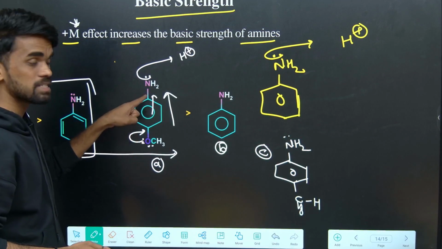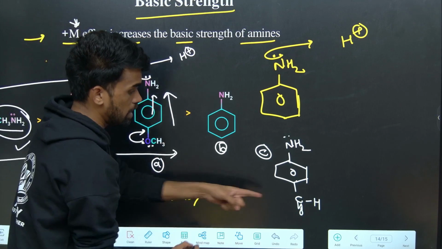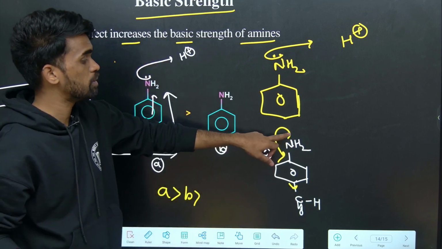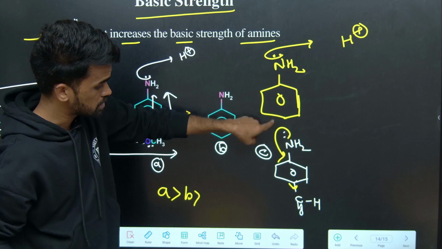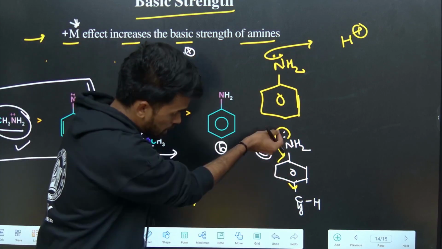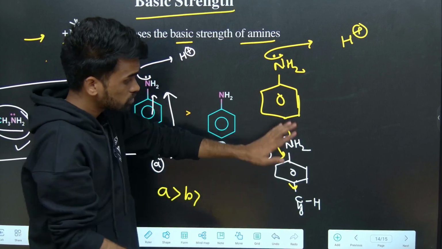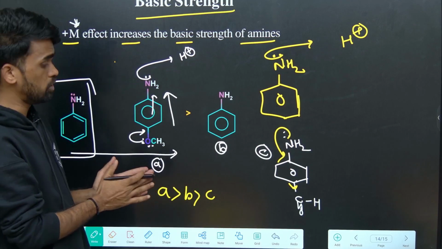Electron releasing group increases the basic nature, therefore A is more basic than B. And electron withdrawing group will only withdraw the electrons towards itself. There is no availability of lone pair electrons to accept the H plus in the C case, because the electron withdrawing group is taking these lone pairs from here, the availability is less, therefore it is less basic. So A, B, C. This is how we need to answer here.